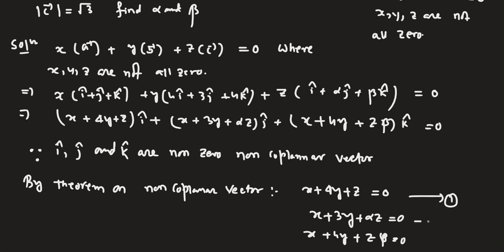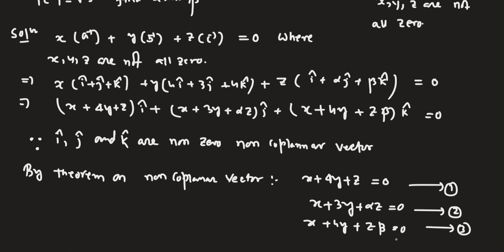Now this is a homogeneous system of equations, and we know that every homogeneous system of equations has one trivial solution. This trivial solution is 0, 0, 0, but our assumption is that x, y and z cannot all be 0 at a time.